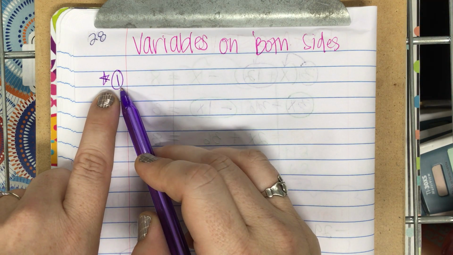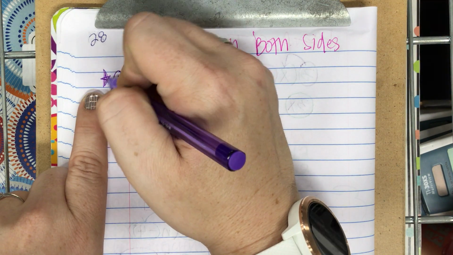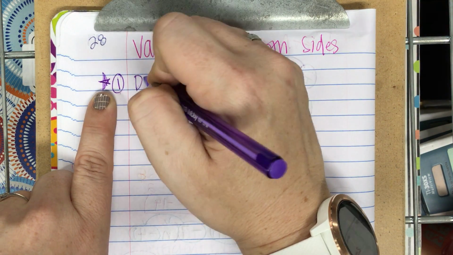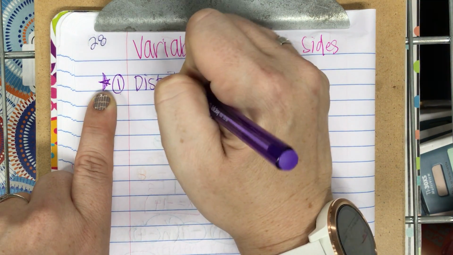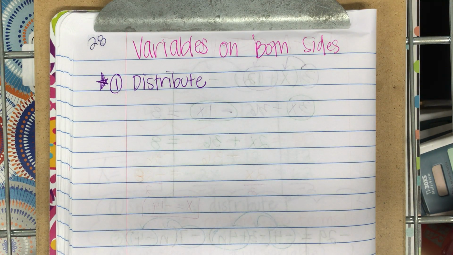The first step to solving any equation, and the star means maybe I can skip it, is should you distribute? How do you know, yes, I should distribute? What do you look for?